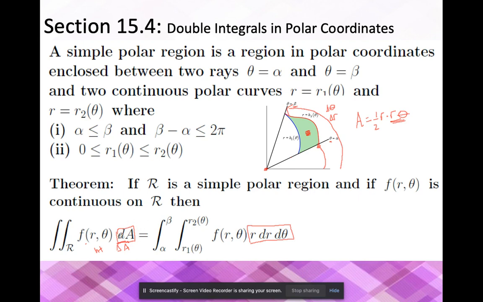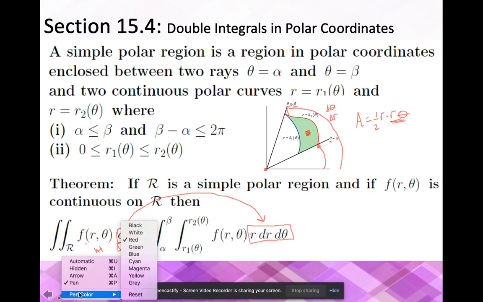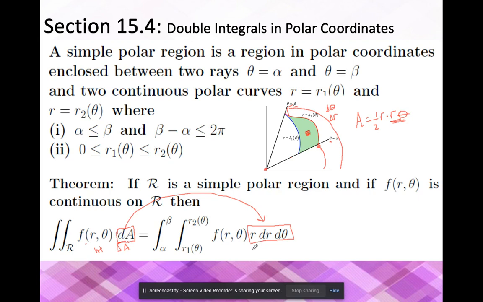So when you transform into polars, but this delta area was dx dy or dy dx, when you want to transform everybody into polars, you have to transform that into r dr d theta, and because of that extra r, we are not going to mess with the order of integration. It is always going to be like this. And I kind of think of this extra r as my price.